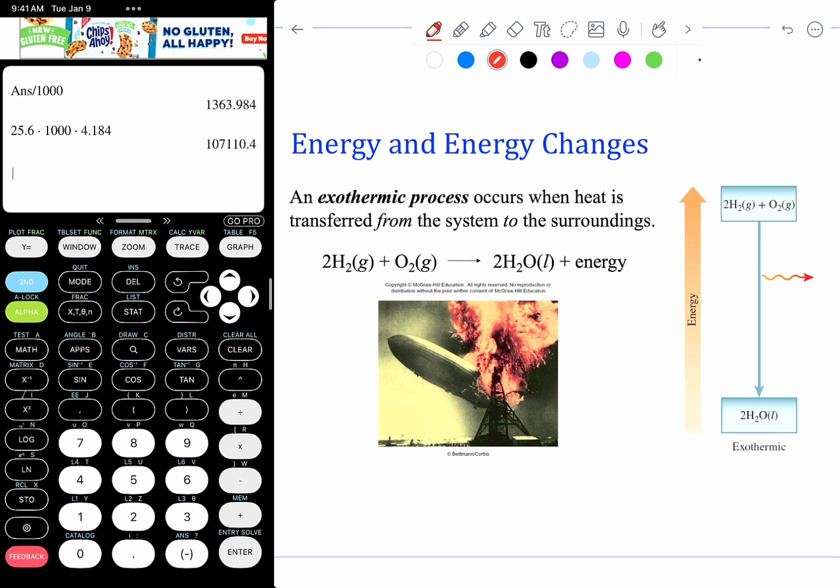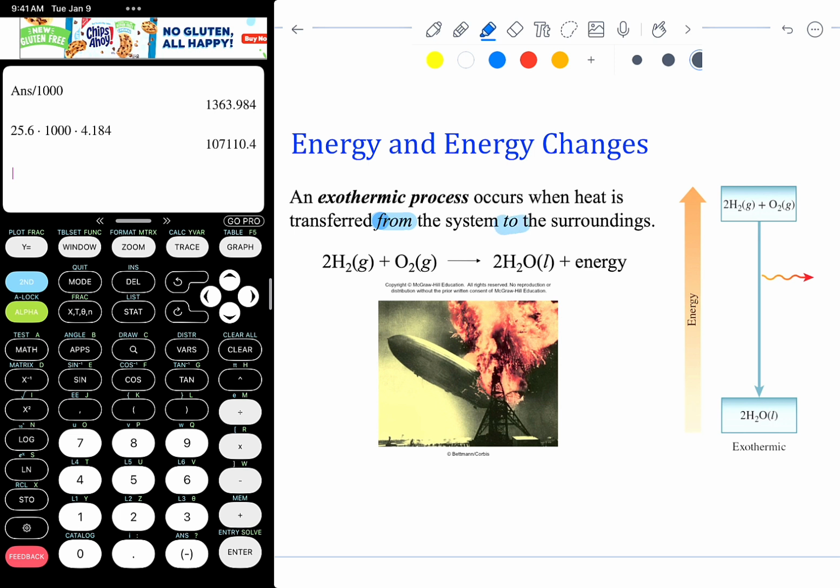We have heat that is being transferred from the system, so in this case the Hindenburg, as it's reacting, okay, that's where all the chemicals are that are reacting with each other and exploding, okay? The heat from that explosion is being transferred from that system to the surroundings, okay? And our to's and our froms are going to be very specific for what we're talking about with heat, so we need to get used to talking in that language. So an exothermic process is when heat is transferred from the system to the surroundings.